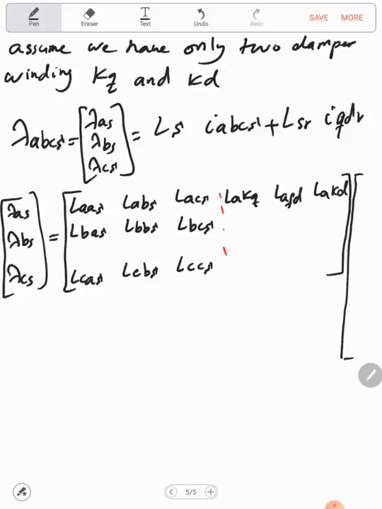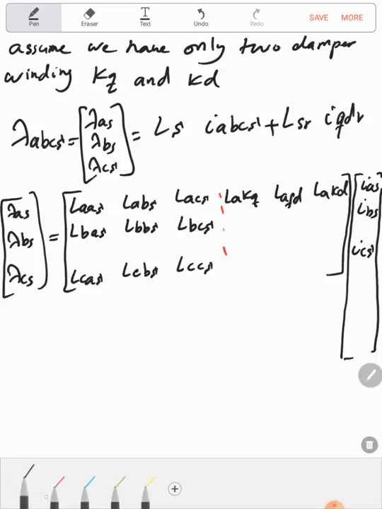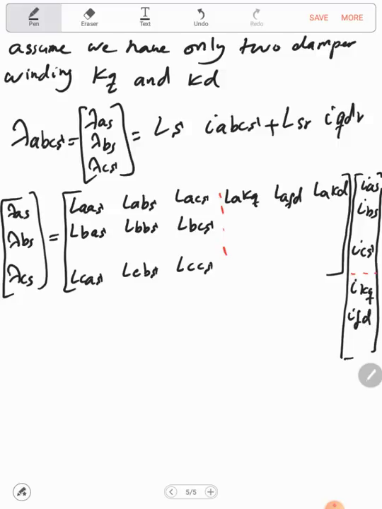This should multiply here by the currents, which are IAS, IBS, ICS, and here we have IKQ, IFD, and IKD.